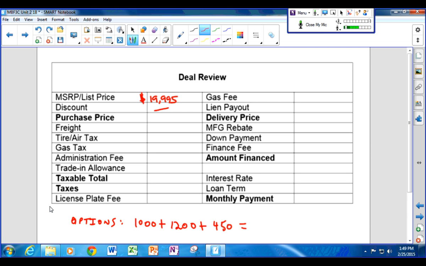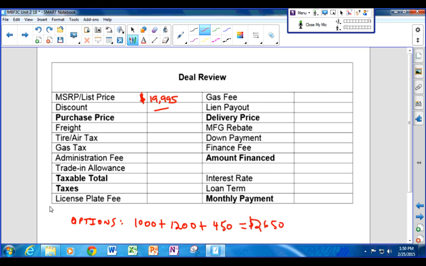It really makes it difficult. So it's probably worth it. 1,200 plus 450. Okay, I'm pretty sure those are all the options. So it's 2,650 in options.